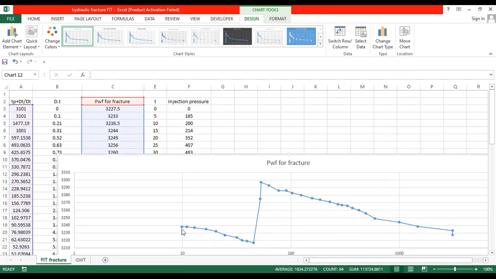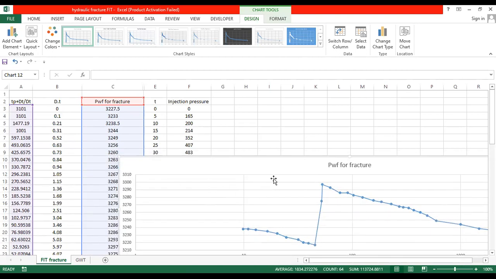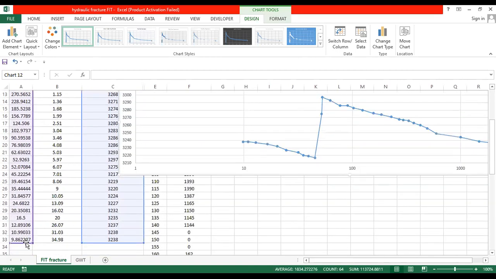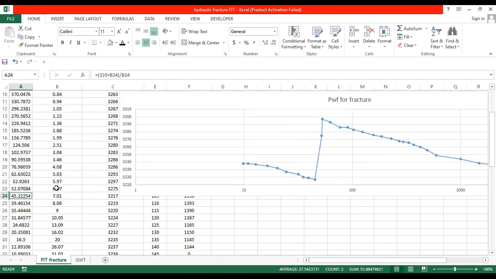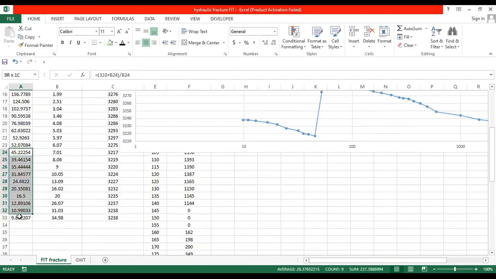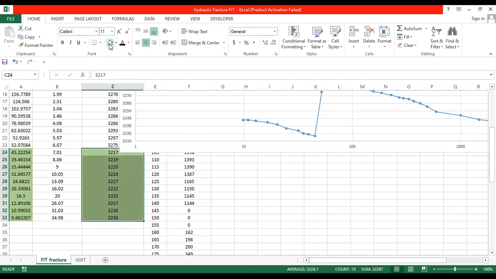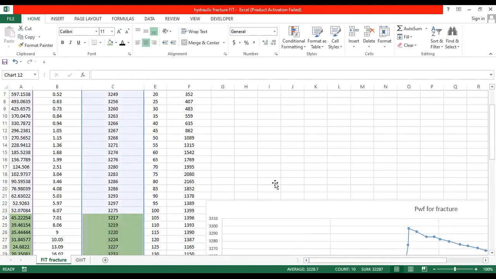So let us take the point which is starting, that is x-axis 9.8 to 45. So 9.8 to 45. These are the points we are supposed to take, and corresponding to that, the pressures we are going to take, and we are going to see the slope for that.